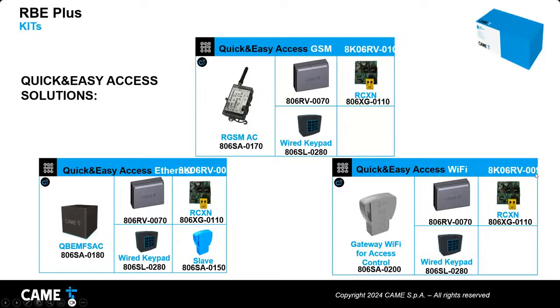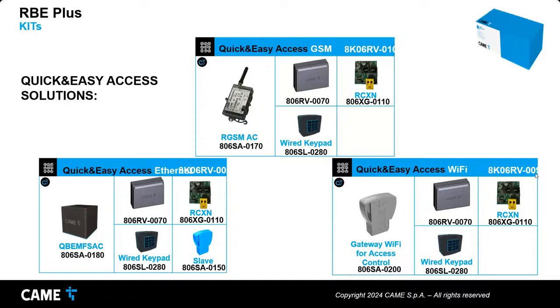So different methods to connect the RBE Plus to the Came Connect by having the RGSM AC model in the first one, QBE Quick&Easy access in the second one, and gateway, Wi-Fi gateway in the third one. We can find the gateway, the RBE Plus, obviously the RCXN control board inside, plus one wired keypad.